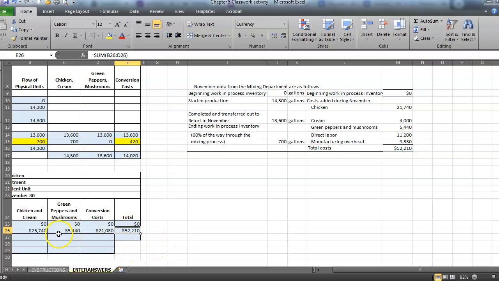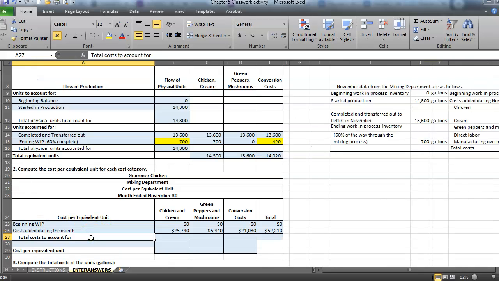Okay, I don't know why it's giving me such a strange number, but nevertheless, we're going to go with that. It's not a matter of anything unusual. We just have to be able to read the spreadsheet or the question very carefully and know where to get the answers. So we are going to add our costs added through the month.